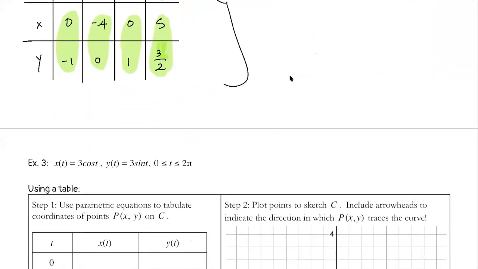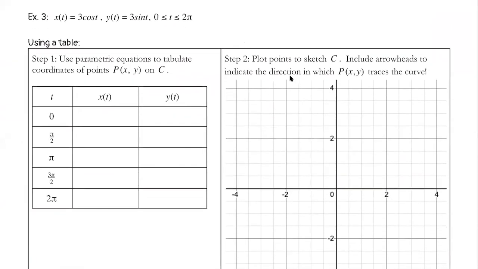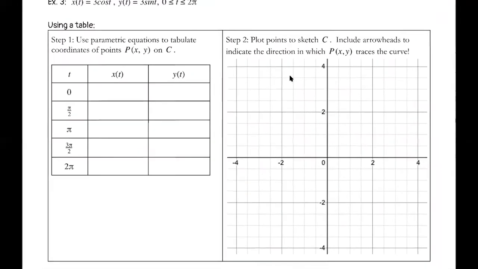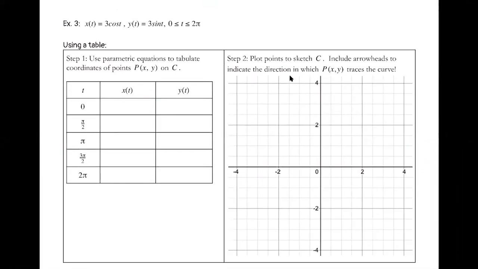So let's move on to example number 3, okay? So example number 3 has some sines and cosines in it, all right? So we could have parametric equations that have trig functions in them, that's okay.